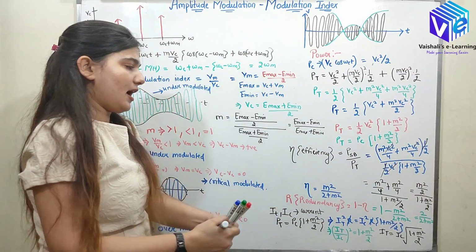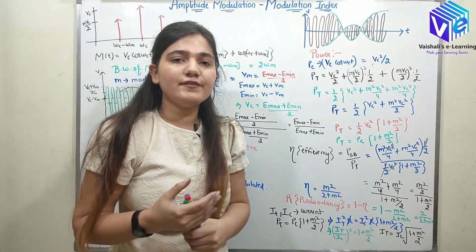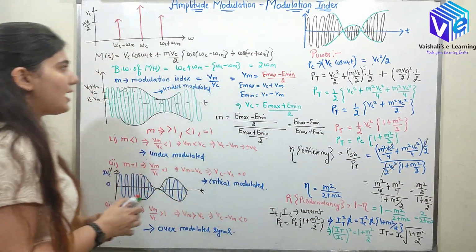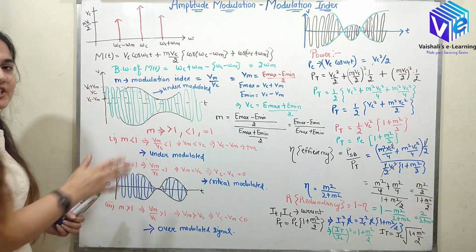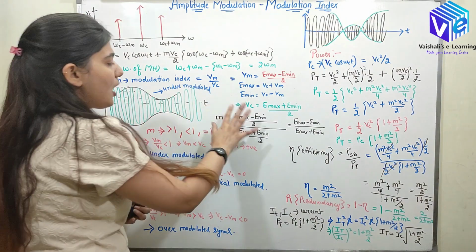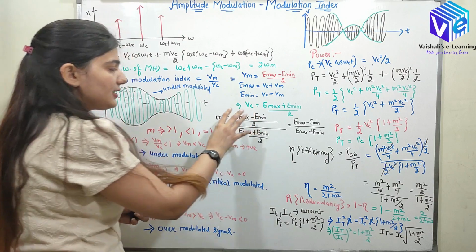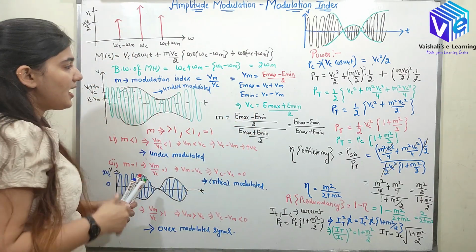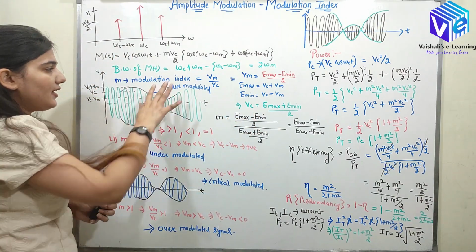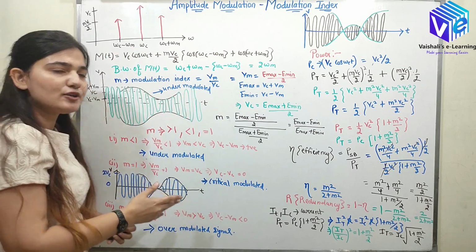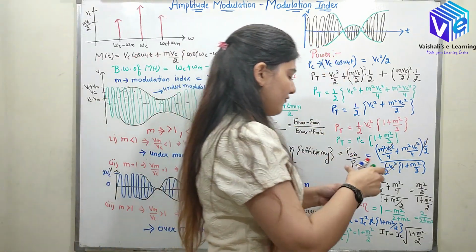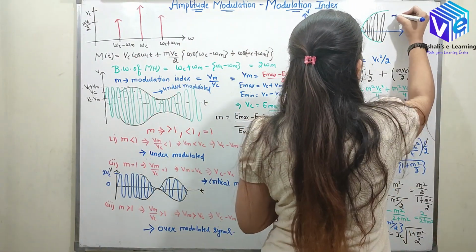So now I hope you are clear with all of the terms which I discussed here. So I started with the modulation index. I discussed how I can calculate the modulation index with the practical waveforms. After that I discussed the under modulated, critical modulated and over modulated waveforms. So this is the over modulated waveform.